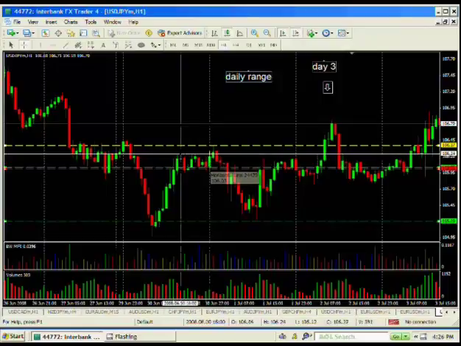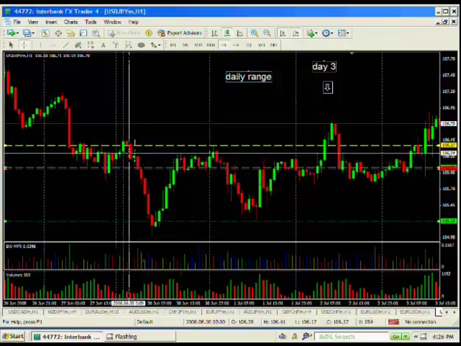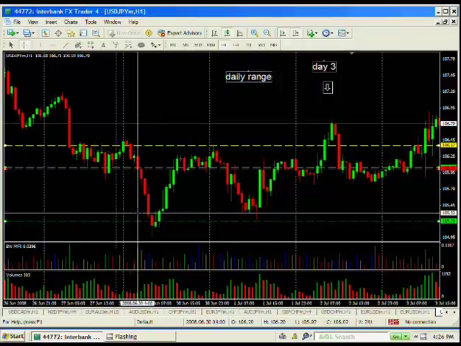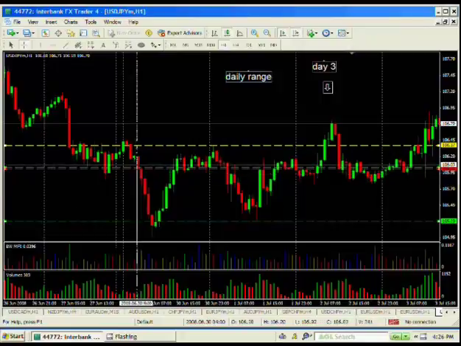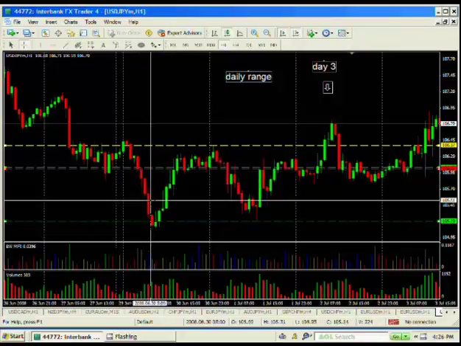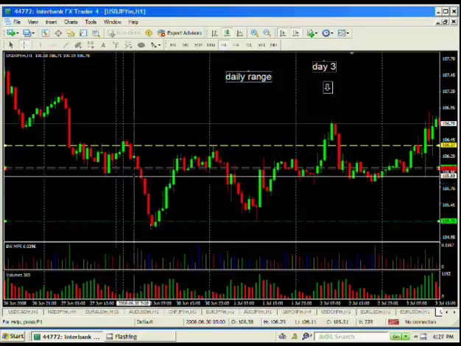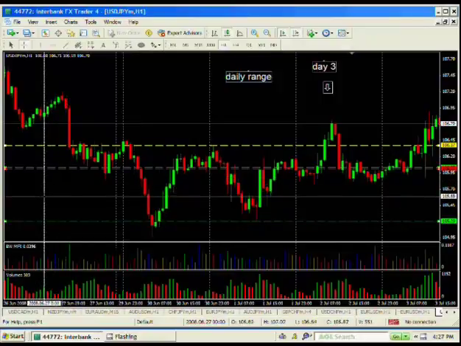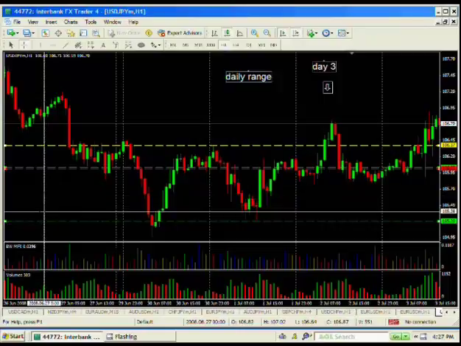Let's go another day. We started moving even before the public here, but you see the public entered on this bar, and it broke down through support, which continued a nice down move. The day before that, the public came in right at the open, and we had a nice little move up.